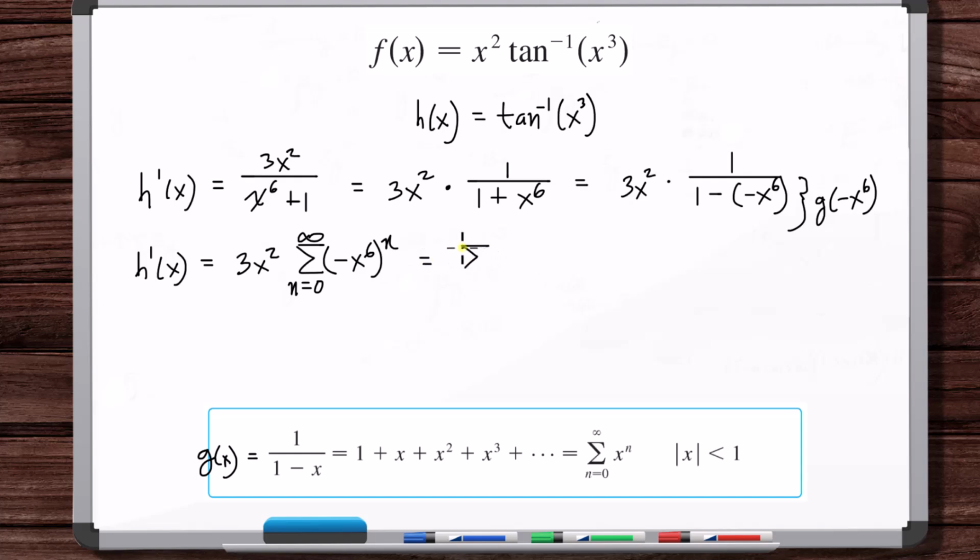So we've got minus 1 to the n, and then 3 times x squared times x to the 6n. So this is minus 1 to the n, and then 3x to the 6n plus 2. Yeah, there we go. So that's h prime of x.